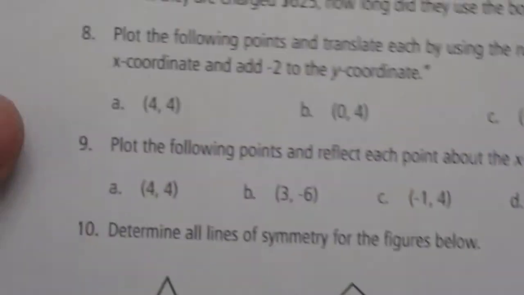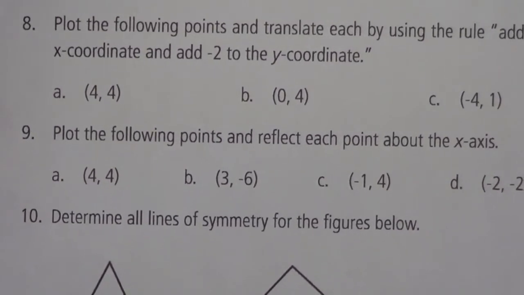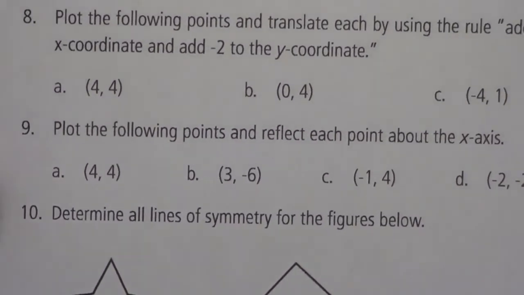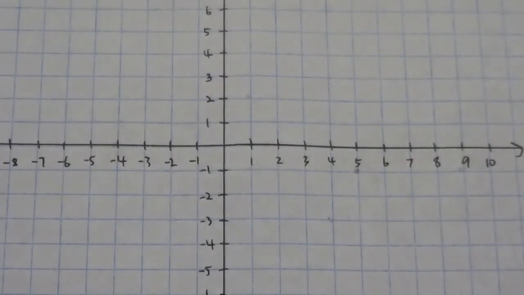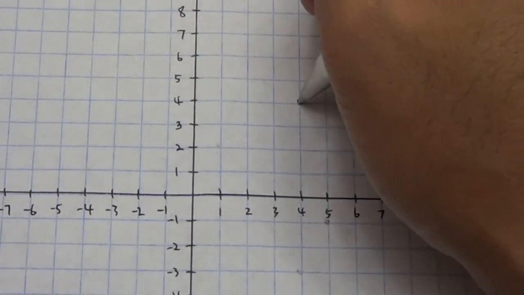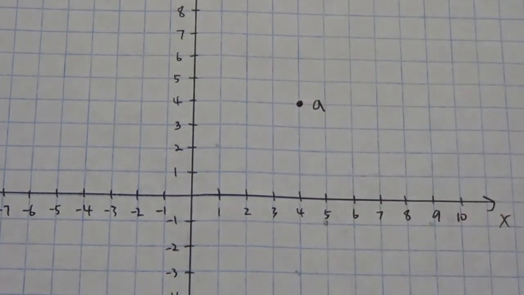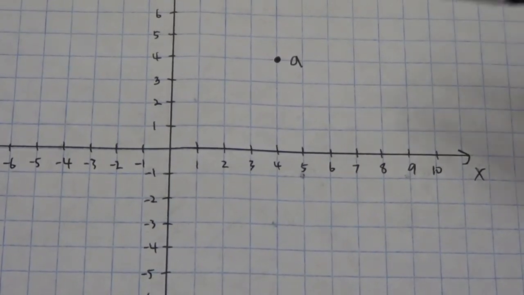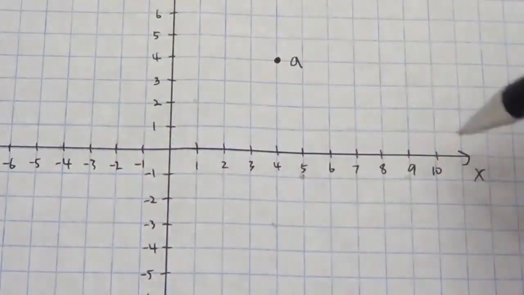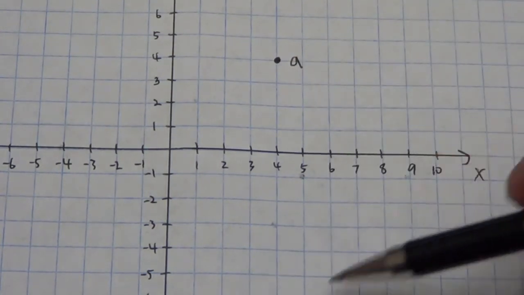For number 9, we are reflecting now. We're reflecting the point about the x-axis. So 9a, we have 4, 4, which is right here. We'll label that A. And since we're reflecting it across the x-axis, which is here, that means it's going to be somewhere in this area.